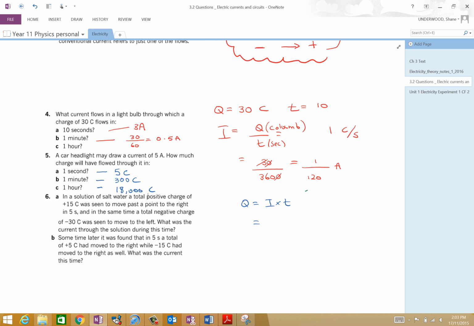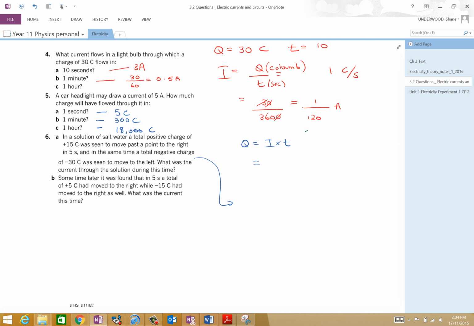All right. Now, let's have a look at question 6. In a solution of salt water, 15 coulombs of positive charge is seen to move past to the right in 5 seconds, and in the same time, a total negative charge of minus 30 moves the other way.